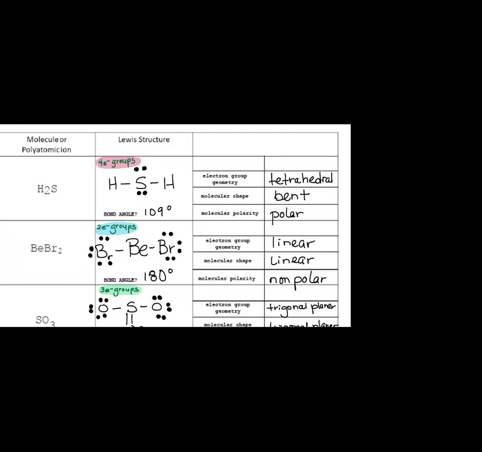Look at sulfur. It's holding a hydrogen to one side, a hydrogen to one side, but then on top and bottom is holding lone pairs. The question is, is it holding the same item? No. If sulfur was holding 4 hydrogens, then it would be identical.